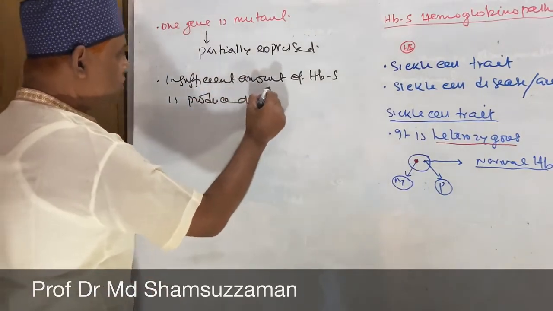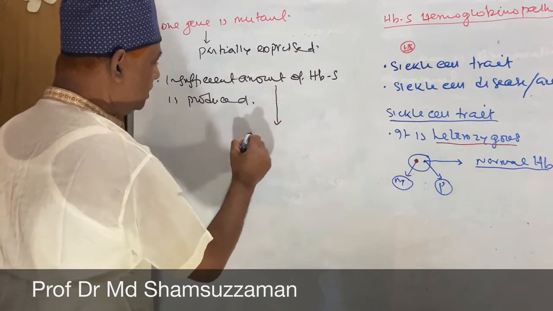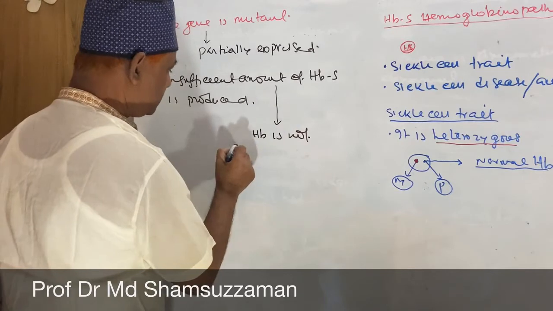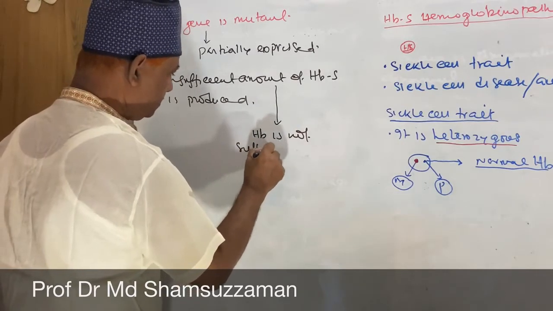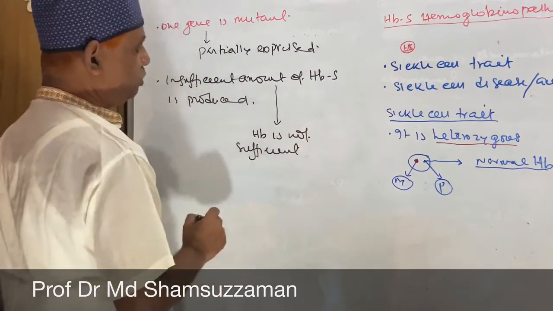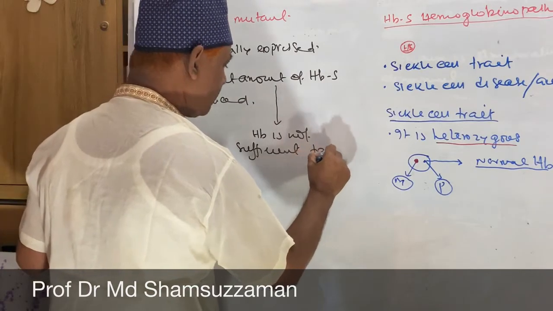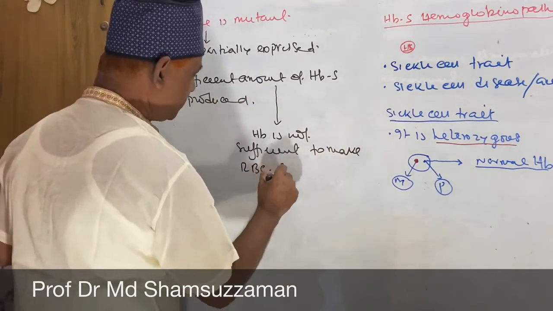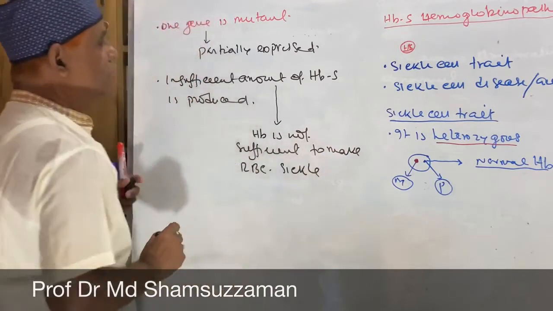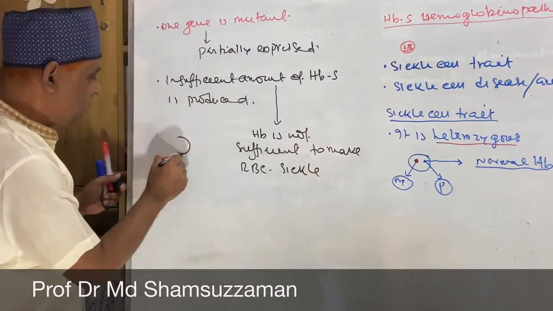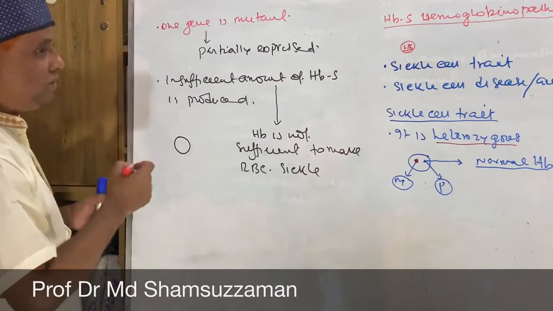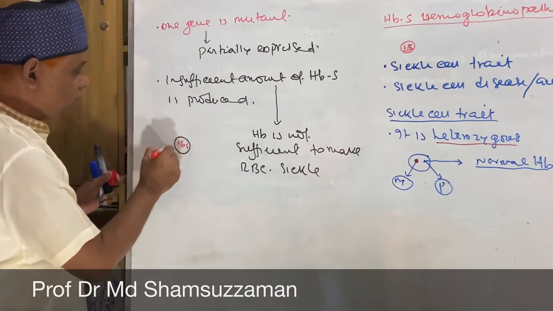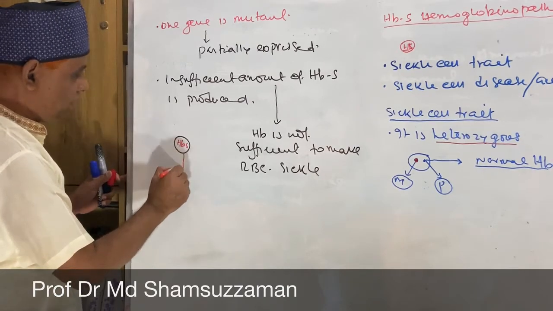And this insufficient hemoglobin is not sufficient to make the RBC sickle. So a normal RBC containing an insufficient amount of hemoglobin S cannot produce the RBC sickle.